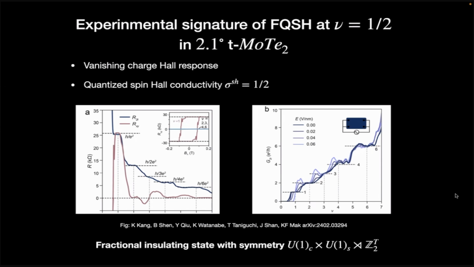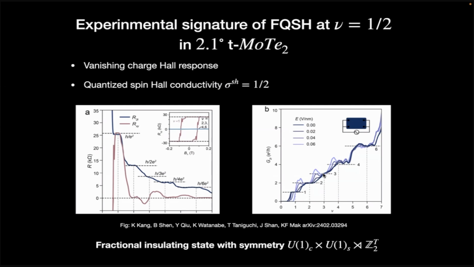Yeah. So does anyone have a question? Can you explain again what's the relation between this quantized spin Hall conductivity being 1/2 and then there's the 2/3? On the slide you said the spin Hall conductivity is 1/2, but in the picture you also said there's some 2/3.